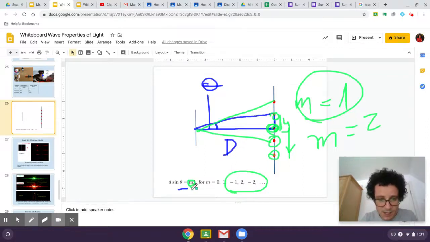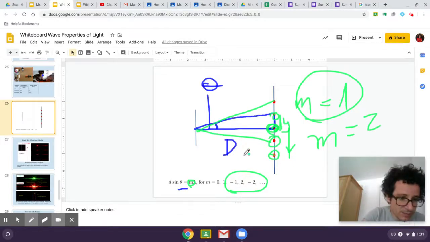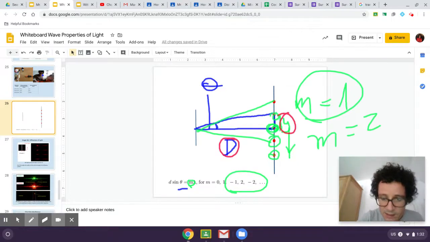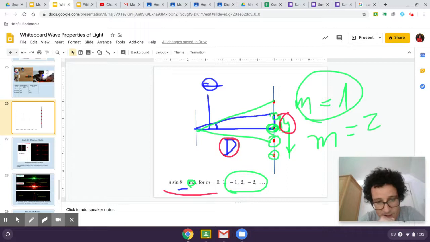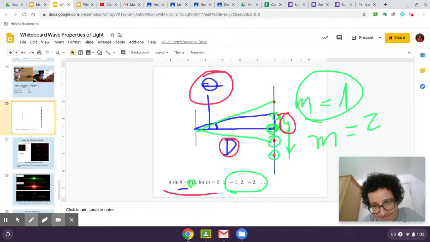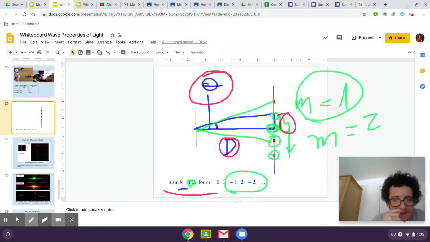Great. I told you that there's a D and there's a y there, but they're not in this equation. Why? How can they be useful? Of course, to find theta. You know how to solve that using Pythagoras.